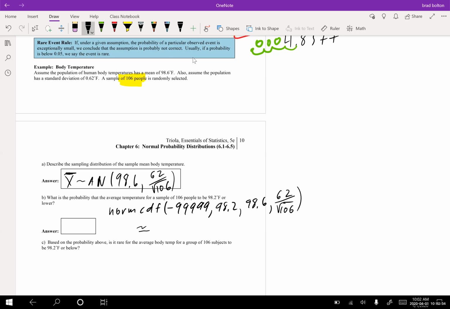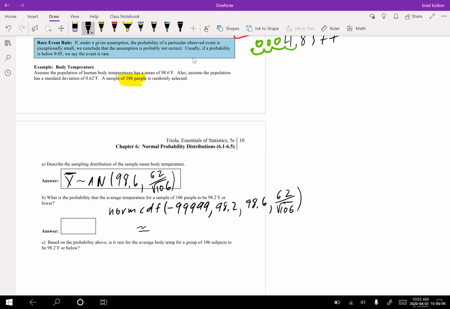Oh yeah, I entered it wrong in my calculator while I was talking to you guys. So we're going to go negative 99999, 98.2. My calculator is not working properly right now.